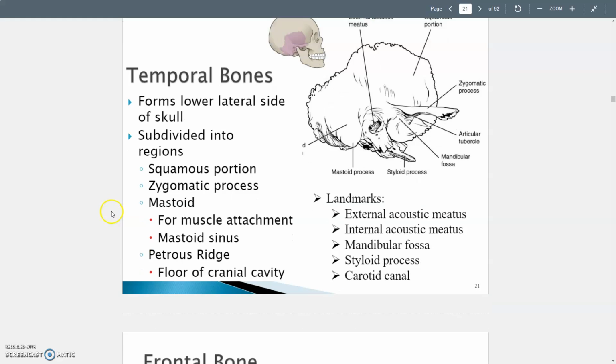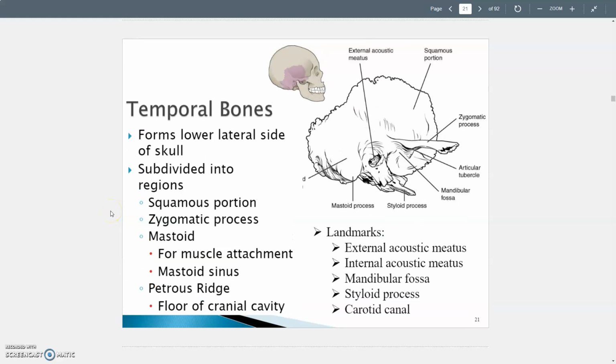Second, we have the zygomatic process. Third, we have the mastoid. And lastly, we have the petrous ridge. The mastoid function would be for muscle attachment, and the petrous ridge is the floor of the cranial cavity. Last thing we need to know is the landmarks, which is part of the picture.